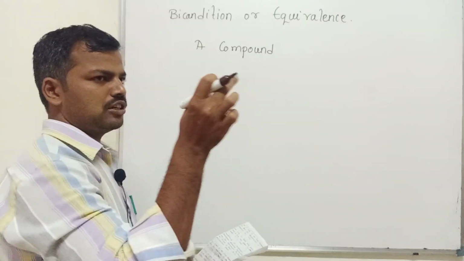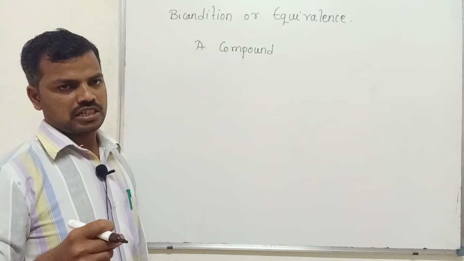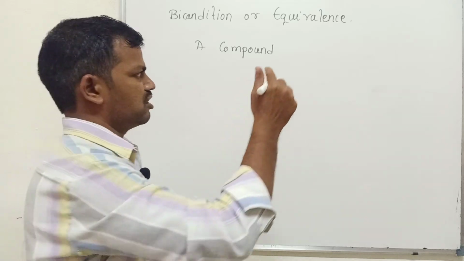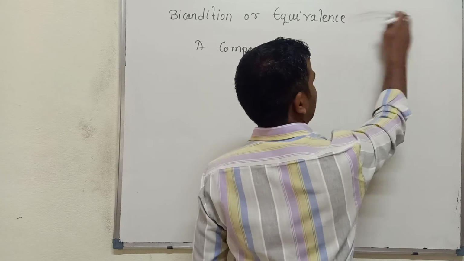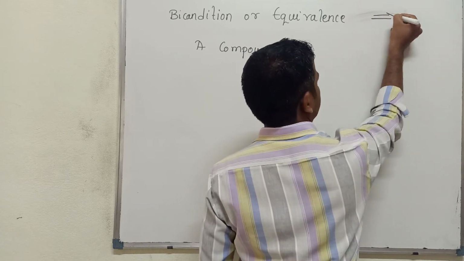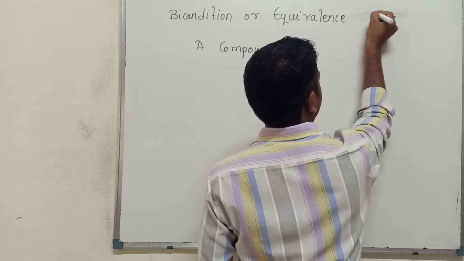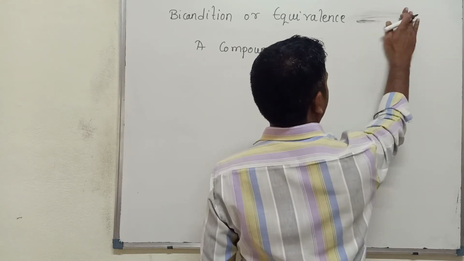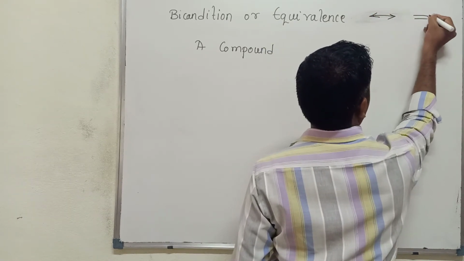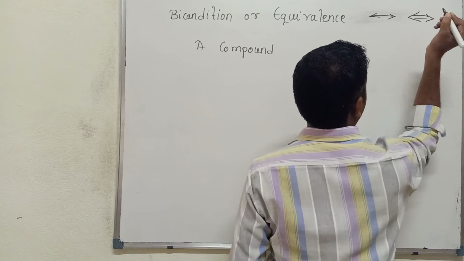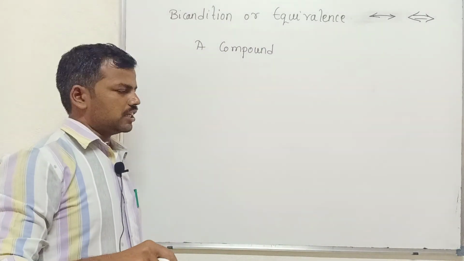The phrase if and only if is called a biconditional. We write it symbolically like this, with a double arrow. This is the symbol we use for the biconditional statement.